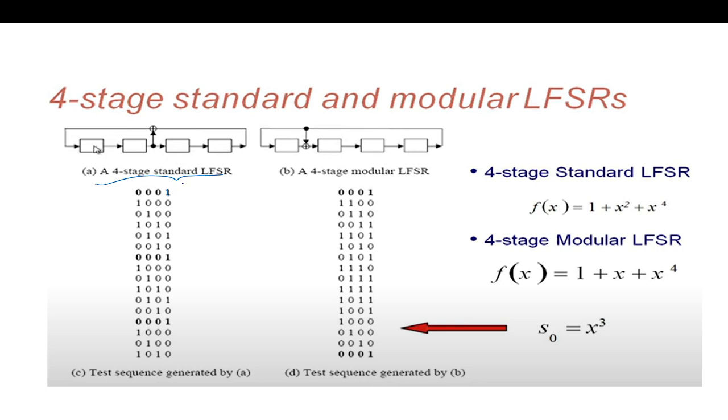This output is XORed with this and this, so it should be 0. This and this, it should be 1. In this way we obtain the patterns, and how many patterns are there? Total 6 patterns. After that it starts to repeat.